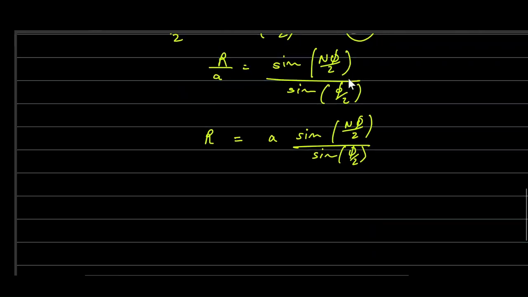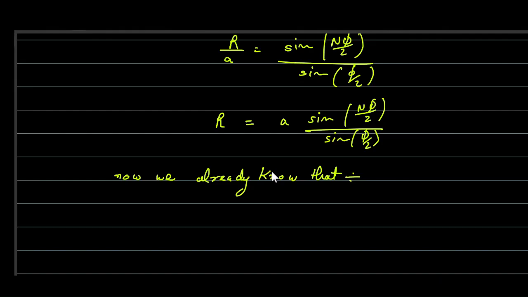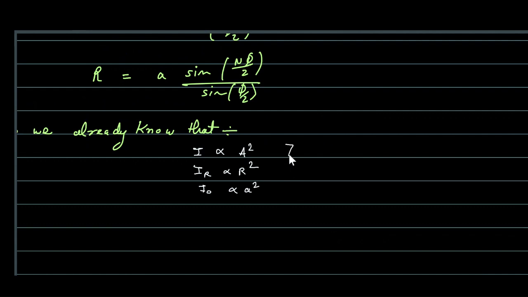Now we already know that intensity is directly proportional to amplitude squared. So IR is directly proportional to R squared, and let's assume that I naught is proportional to A squared.